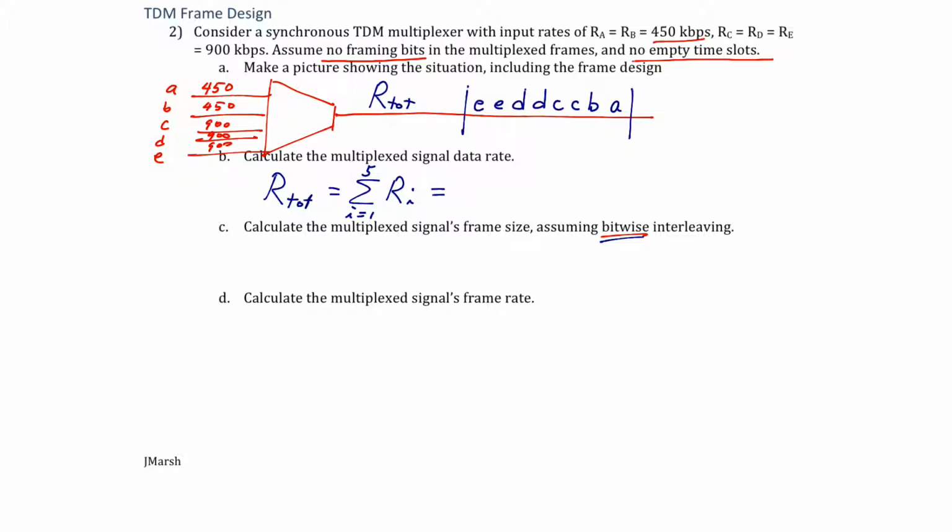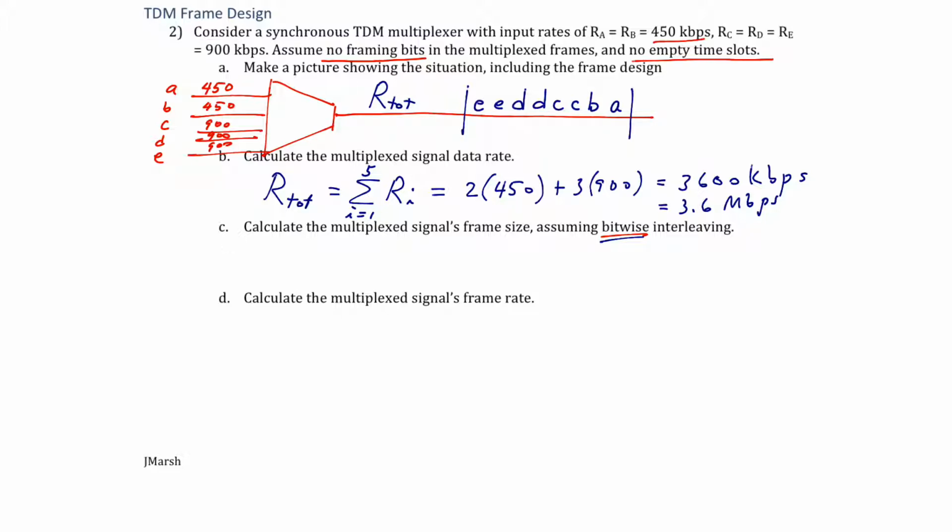In any case, it's twice the 450 plus 3 times the 900. So that's 4 times 900, 3600 kilobits per second, or 3.6 megabits per second. Okay? Yeah, 4 times 9 is 36.